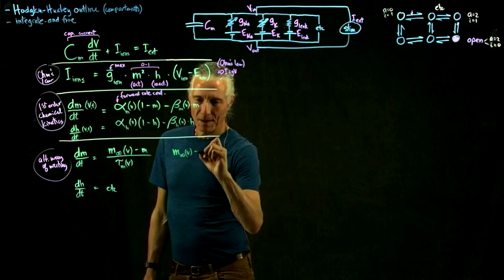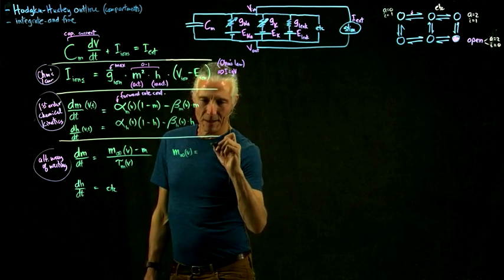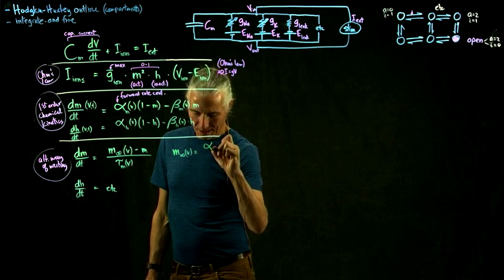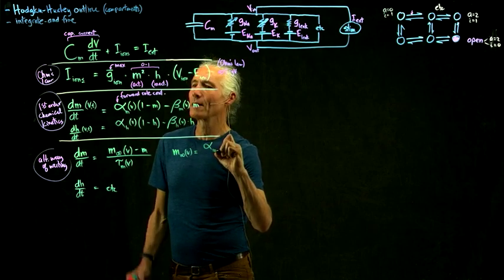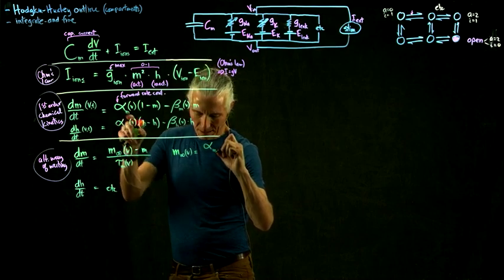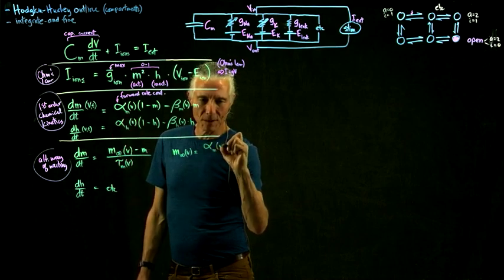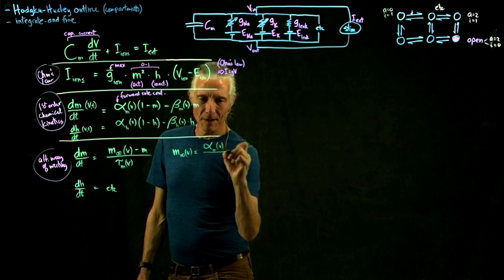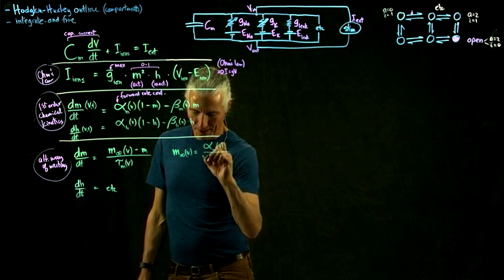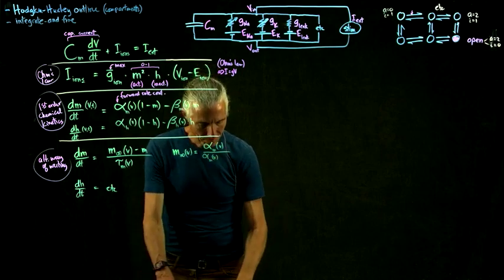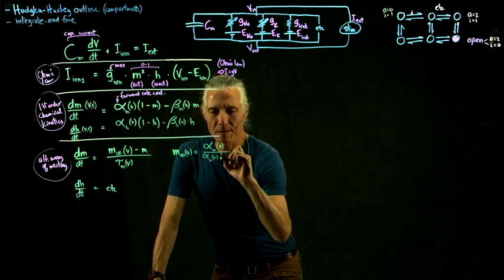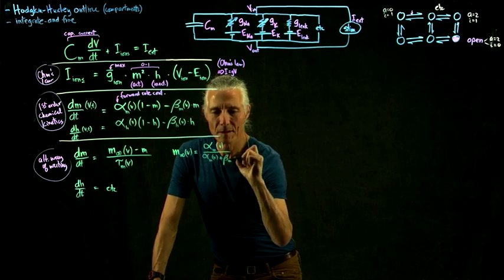So that equation is the alpha m, so that's this guy, at a particular voltage, divided by the alpha m at a particular voltage, same thing, plus the beta m at a particular voltage.